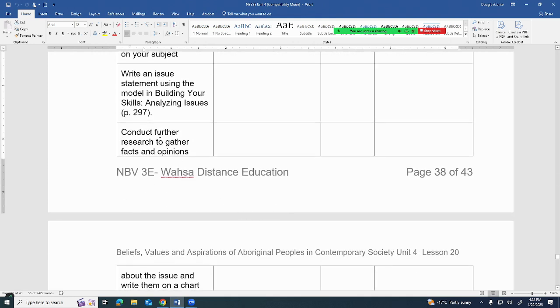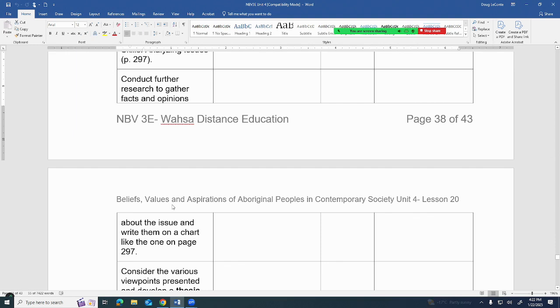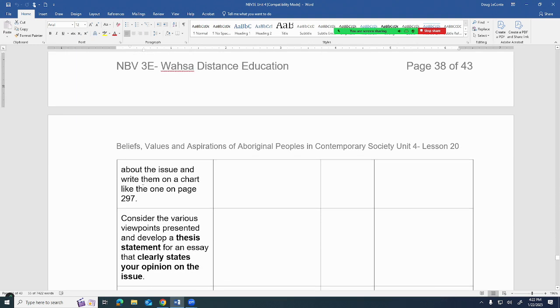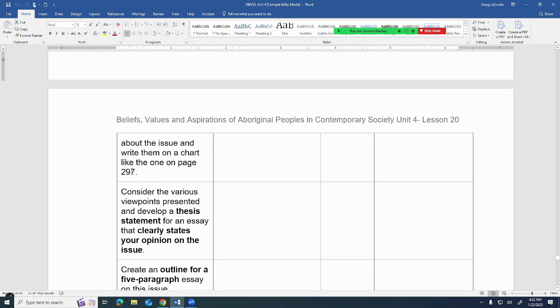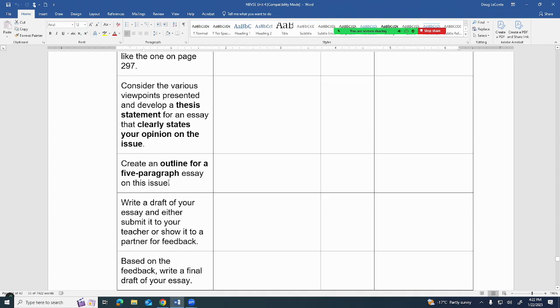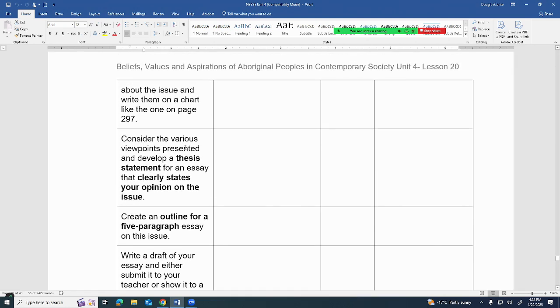Next row, conduct further research to gather facts and opinions about the issue and write them on a chart like the one we just looked at on page 297. Next row, consider the various viewpoints presented and develop a thesis statement for an essay that clearly states your opinion on the issue.